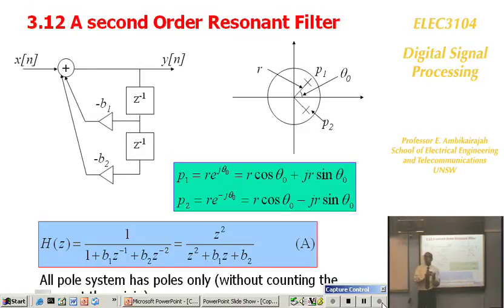And if you reflect zeros, from inside to the outside, outside to the inside, their magnitude responses are the same, but the phase responses are different. If you take an all pass filter, you keep the pole position inside the unit circle and reflect the pole position to the outside and convert that into a zero. Then it's an all pass filter with a different phase.